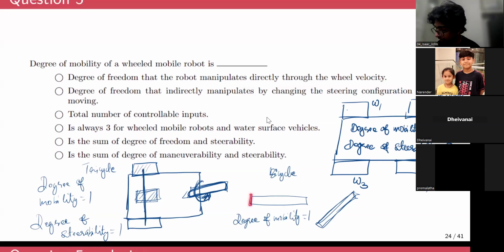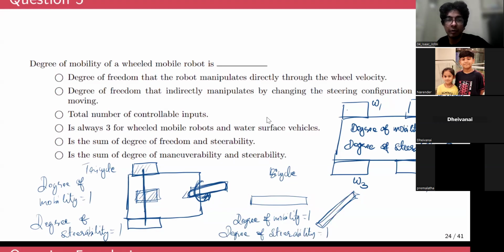So the degree of mobility, which directly manipulates the wheel velocity, is 1, because we are only powering the rear wheel. And what about the degree of steerability? 1. That is also 1, correct. Because we are giving the steering inputs to the front wheel, but it's not powered, it's passive.